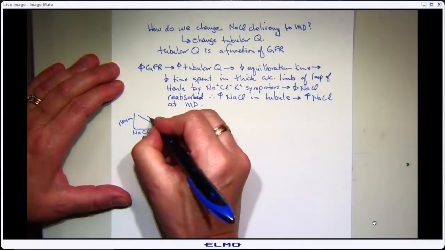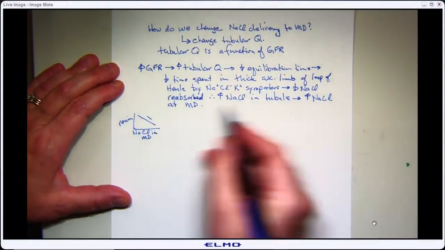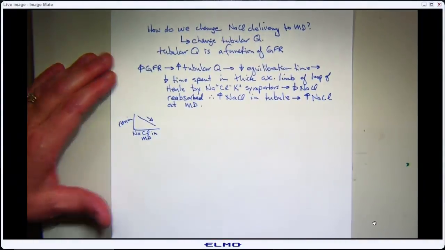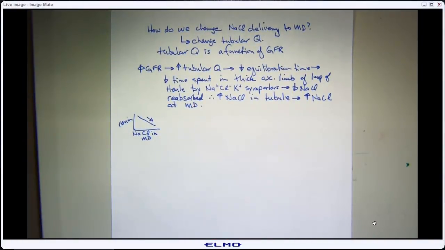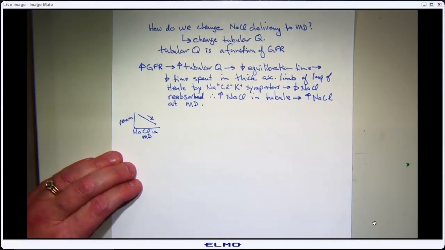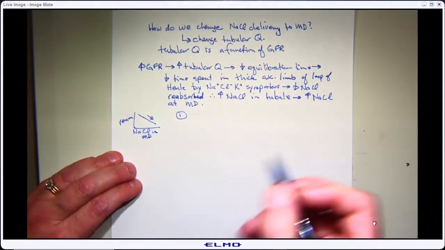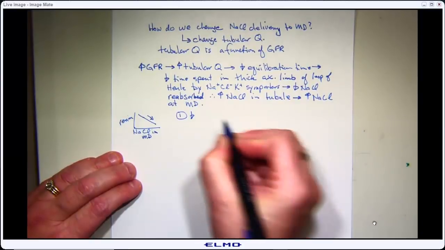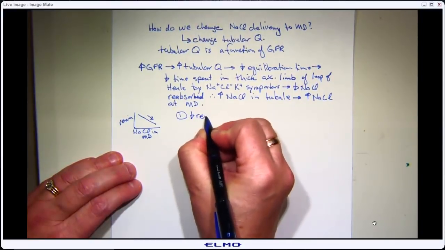If I were to increase sodium chloride at the macula densa, that means I'm going to drop renin. So a couple of things are going to happen here based on this GFR. The first thing, in terms of what we've been focusing on, is we're going to decrease renin.